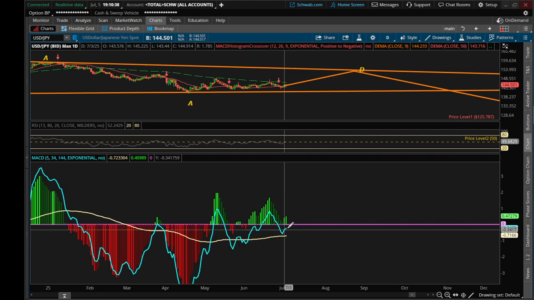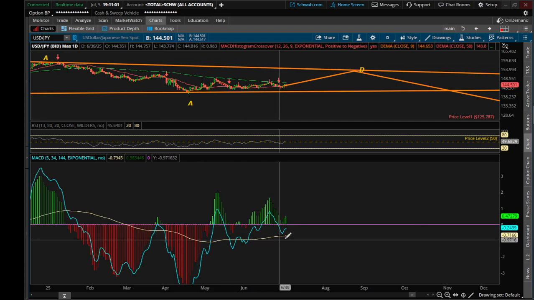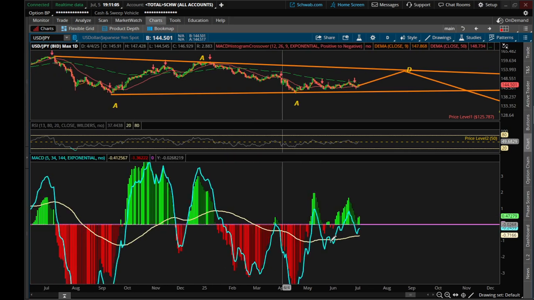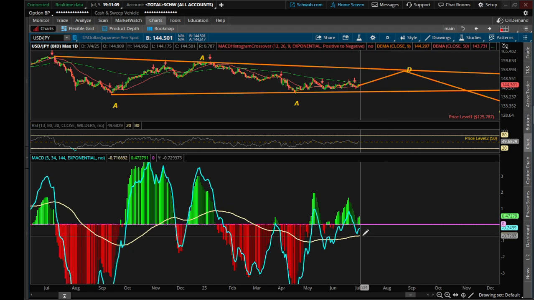So it looks like we're getting a little bit of turn here on the fast moving average. Hard to say on the signal line here, the slower moving signal line, but I'd say we get a little push higher to the upside before we fall down.